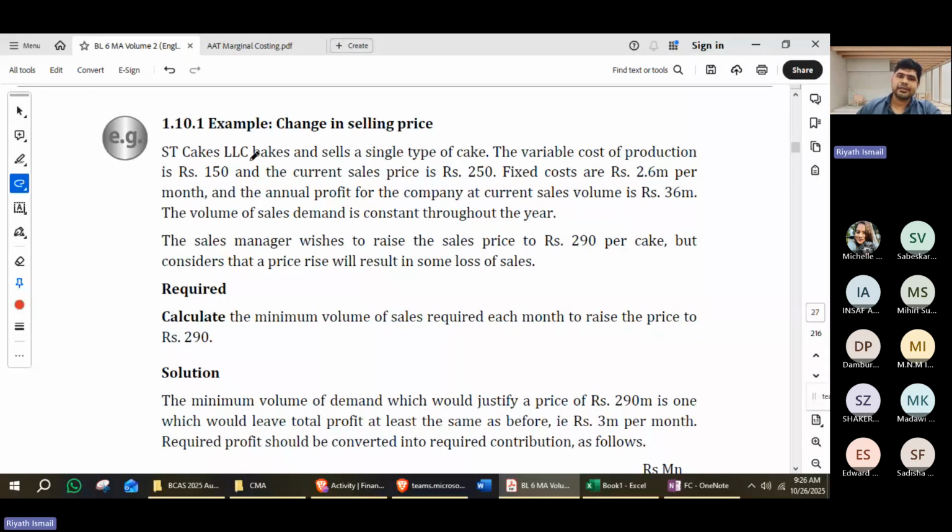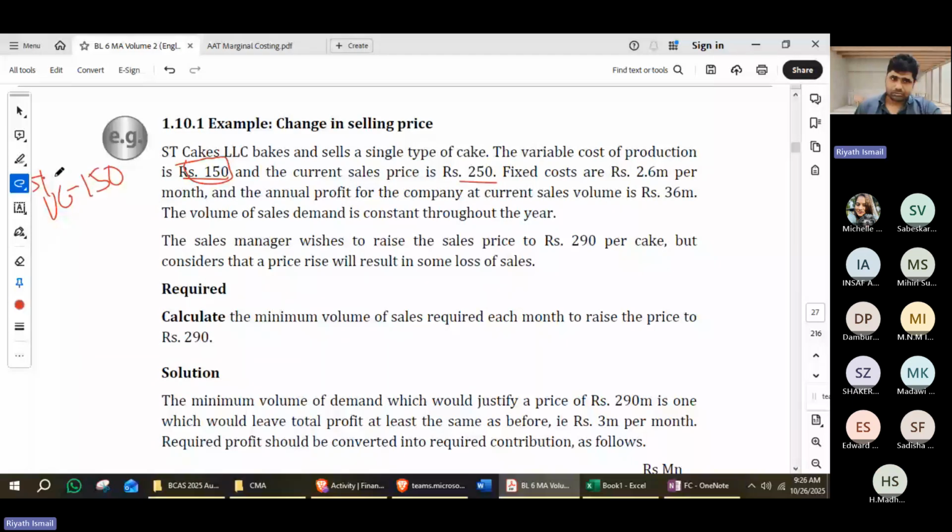ST Cakes Limited, a limited liability company, bakes and sells a single type of cake. The variable cost of production is 150. We have to take this value, variable cost 150. And the current selling price is 250. Fixed costs are 2.6 million per month.